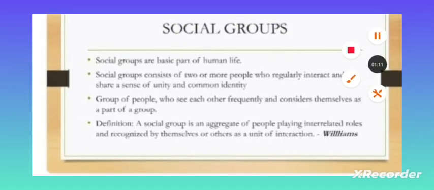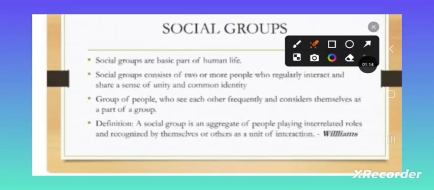Social groups are a basic part of human life. A social group consists of two or more people who regularly interact, share common characteristics and feel a sense of unity.